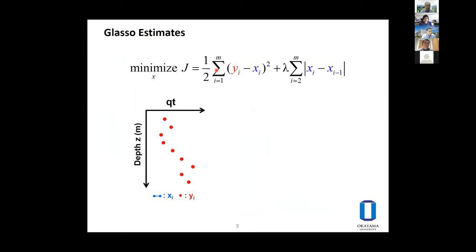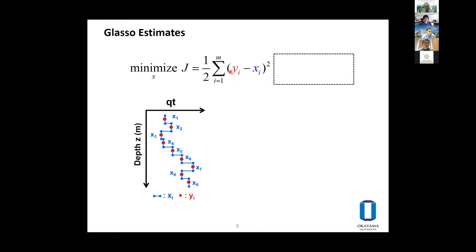G-lasso estimates are obtained by minimizing an objective function consisting of two terms. First is the linear least square term, and another is the regularization term. If we don't consider this regularization term, G-lasso estimates can perfectly match the observation data.